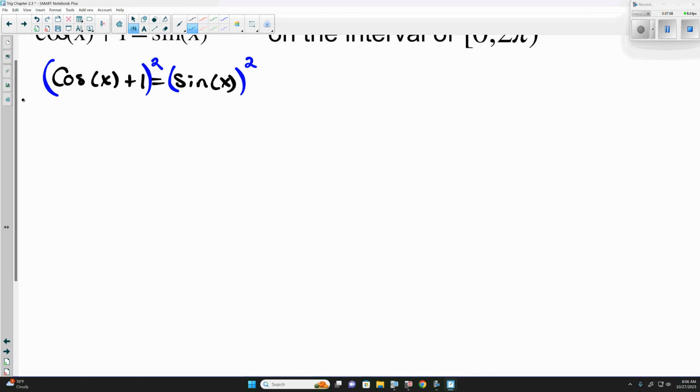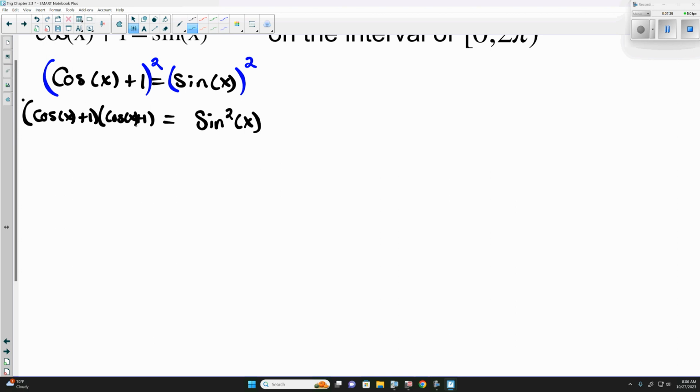Now on the right-hand side, sine squared is just sine squared of x. And that's it. Because sine squared, sine times sine, sine squared. On the left-hand side, we really have cosine of x plus 1 times cosine of x plus 1. We have to be multiplied by itself. Because of that plus in the middle, I can't just square both terms and be done.